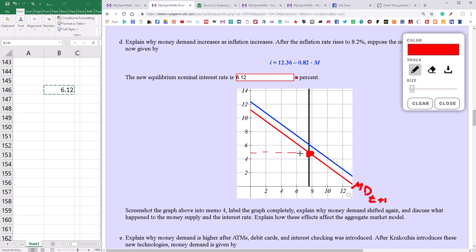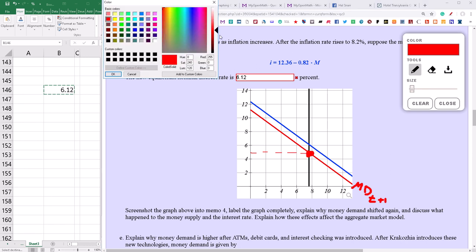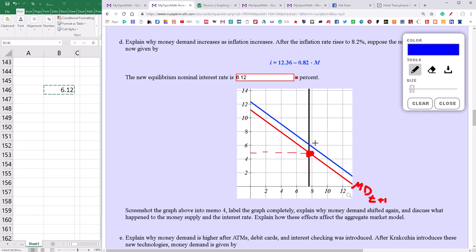Just under 5. The new equilibrium is up here at a higher interest rate, 6.12, right?